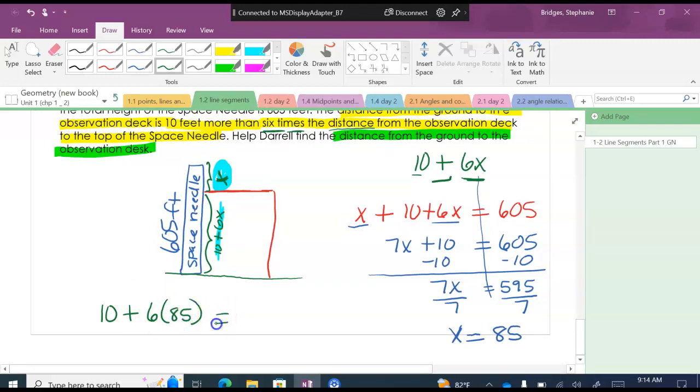And that is going to give me the total distance from the ground to the observation deck. So I am going to use my handy dandy calculator because I use tools that I can anytime I can. Multiply 6 times 85, and I'm going to add 10. And the total distance from the ground to the observation deck is 520 feet.